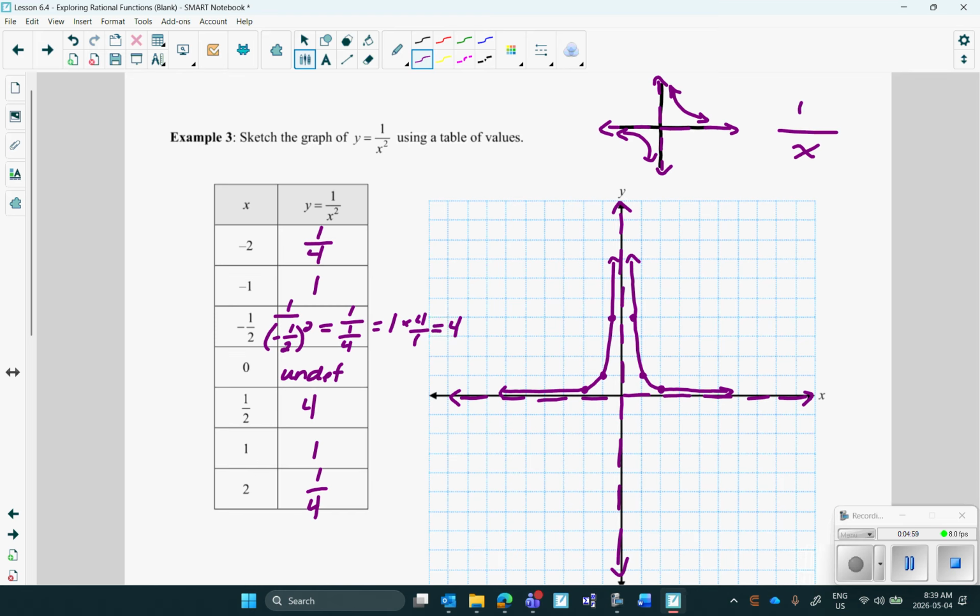For 1 over x squared, you just take this and flip it up here, and then it climbs a little sharper as well because it's squared. I call this one the volcano. That looks like a volcano. So whenever we have x squared on the bottom, just by itself, we're going to get that volcano shape.